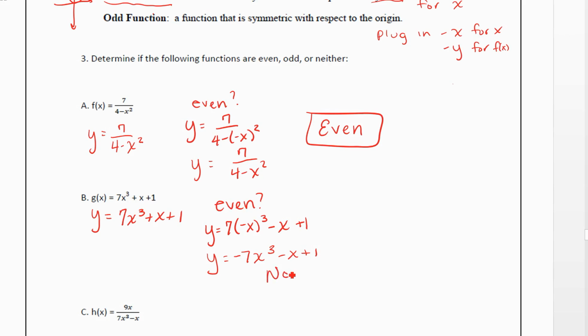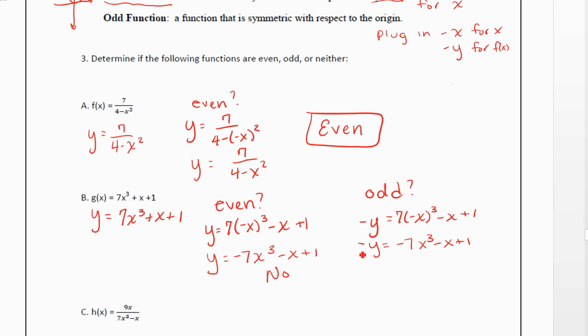Now let's check odd. For odd, we're going to replace both sides. So we're going to do negative y equals 7 times negative x cubed minus x plus 1. Okay, so let's go ahead and do that. Negative x cubed, remember, becomes a negative x cubed, so negative 7x cubed minus x plus 1. And to check if it's really the same thing, we want to get y by itself again.